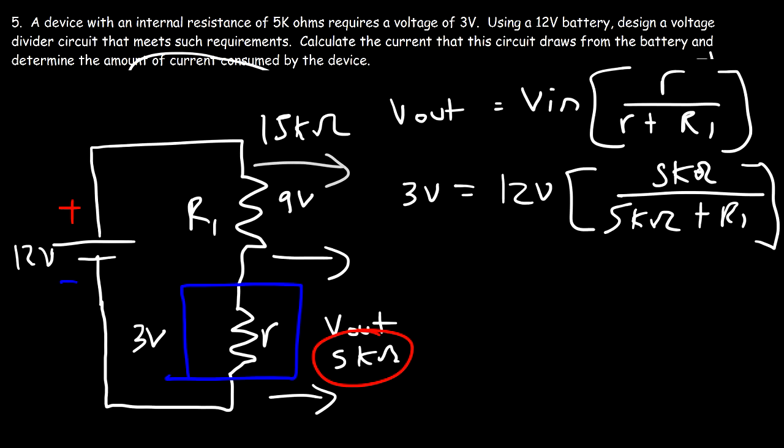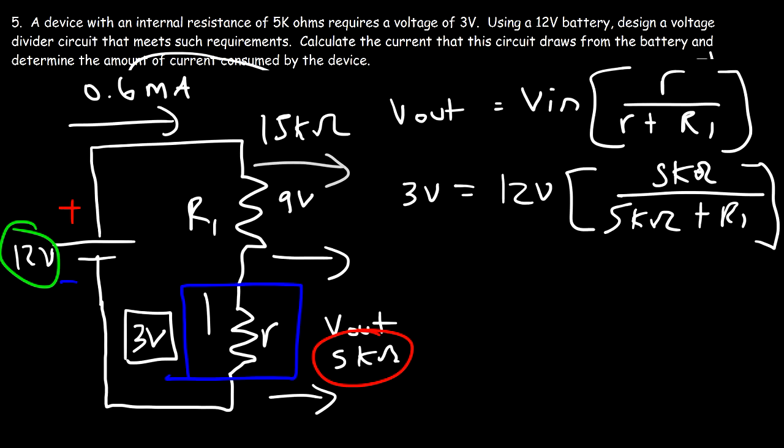And so this is a simple circuit in which the voltage across the device will be exactly 3, and at the same time, the current flowing through the device will be 3 volts divided by 5,000, which is 0.6 milliamps.